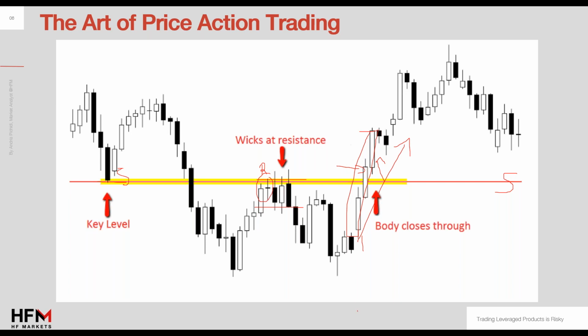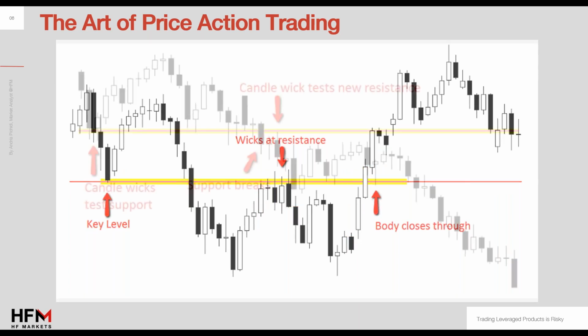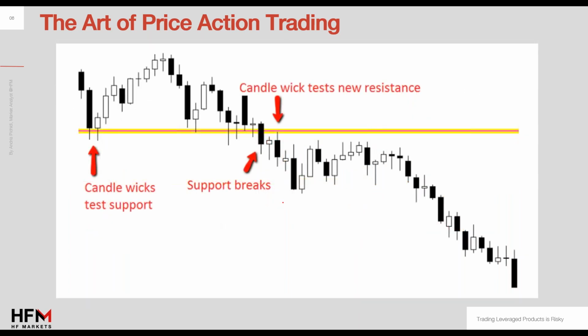Okay, so support has been retested for a second time. Indecision at the support level, broke it. Indecision followed, but then another bearish candle confirmed that there is a new trend to the downside.